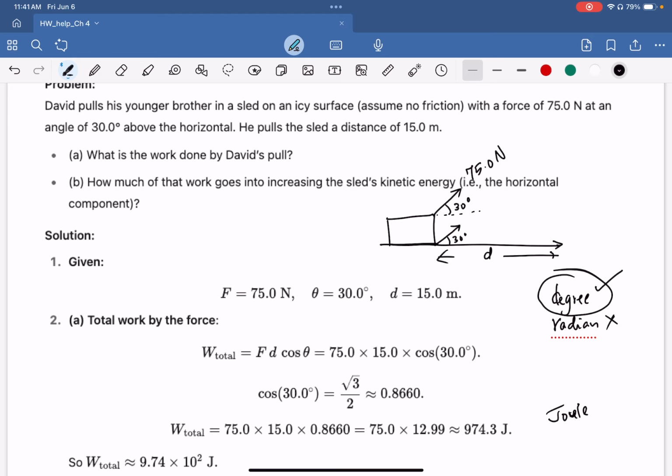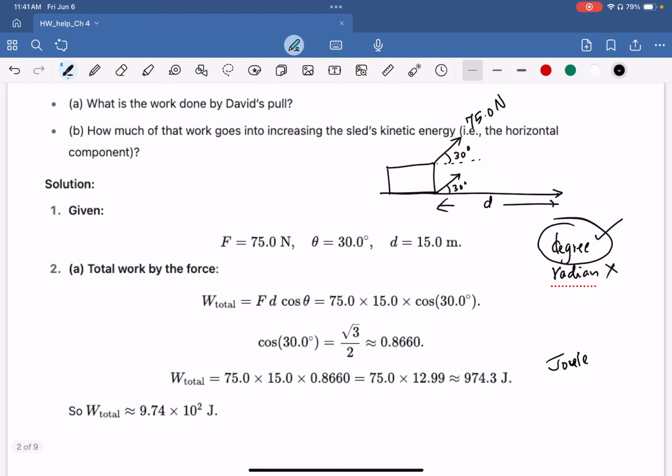So considering significant figures, the work is 9.74 times 10 to the power 2 joules. Okay? Because you always go with the smaller number of sig figures, which is 3 here, 3 here. There's 4 here, but you go with the smaller number. So the answer should have 3 sig figs. That is the first one.